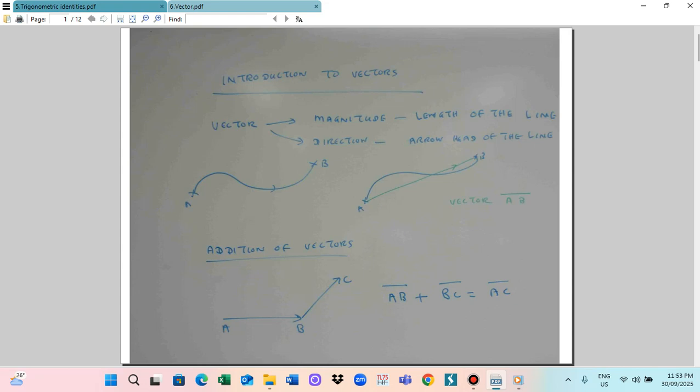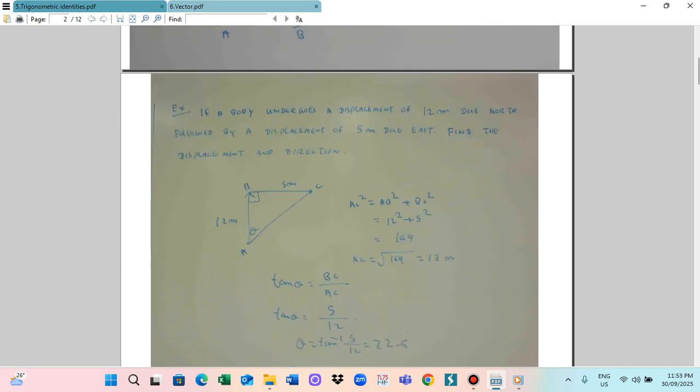So we have to find the displacement and direction.